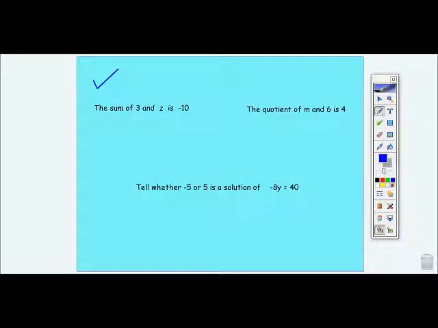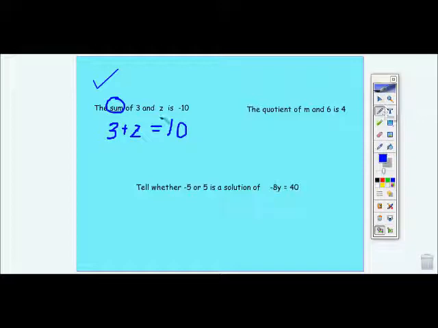We have the sum of 3 and z. So I'm going to do 3 and z, and that's going to equal -10. See if I can sneak a negative in there. That negative doesn't want to show up there.